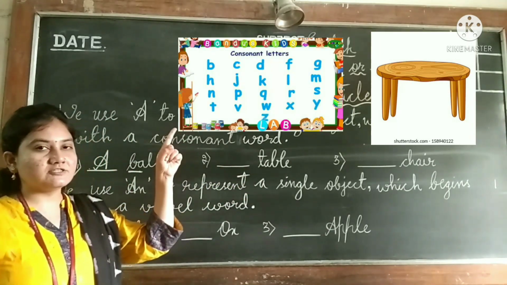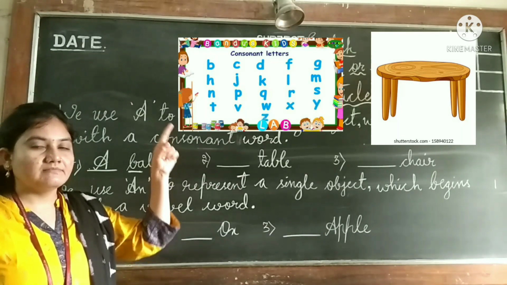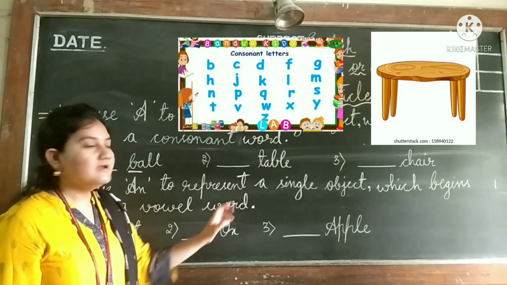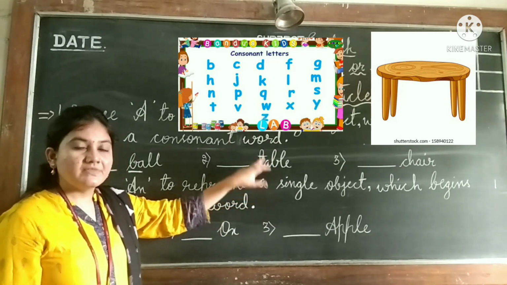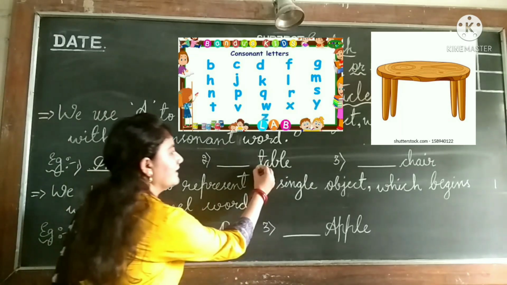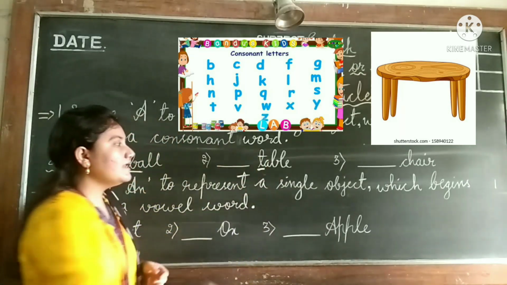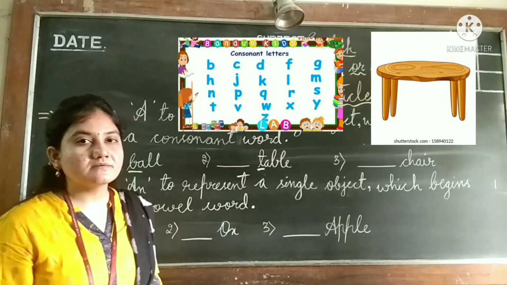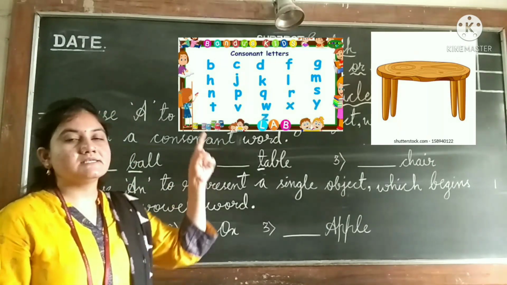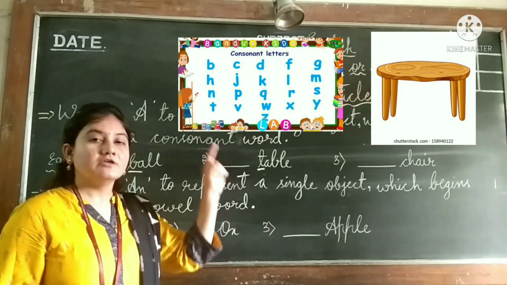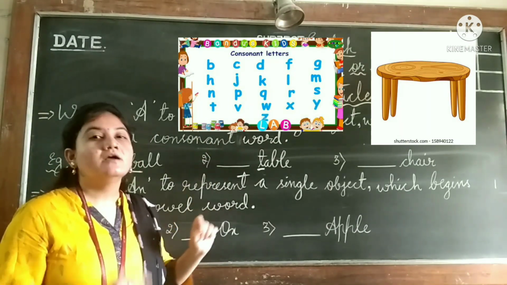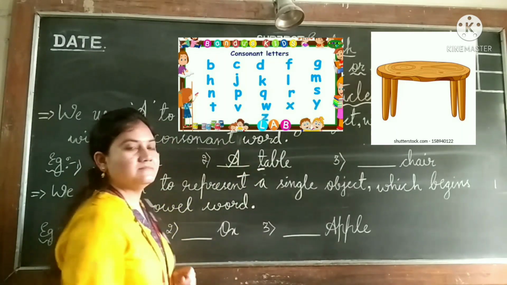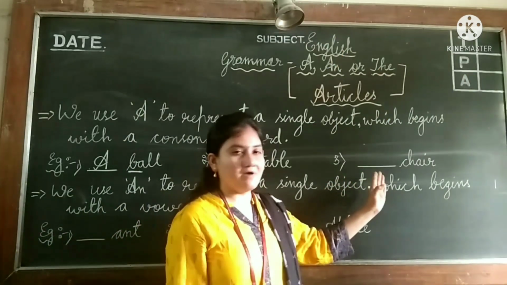Look at the consonant letter chart. In the word table, the letter starts with T. T is a consonant letter, so for a consonant letter we use A. A table.